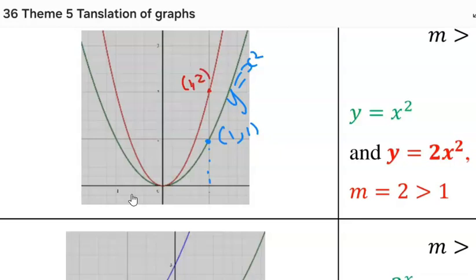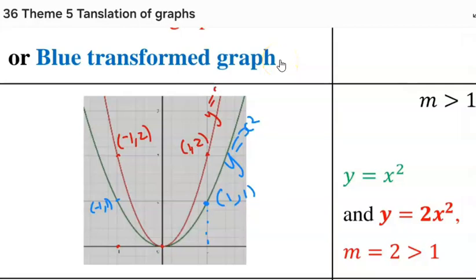So it means that 1 is stretched to 2. 2 times 0 is still 0, and if I look at negative 1, then this point is minus 1, 1, but if I now stretch it, I will get to minus 1, 2. So this graph is vertically stretched, and this is my graph y equal to 2x squared.